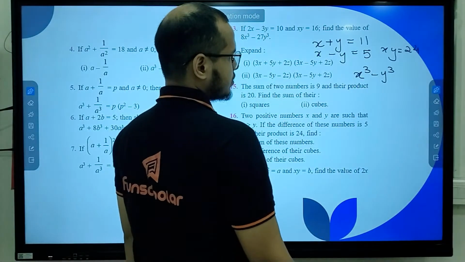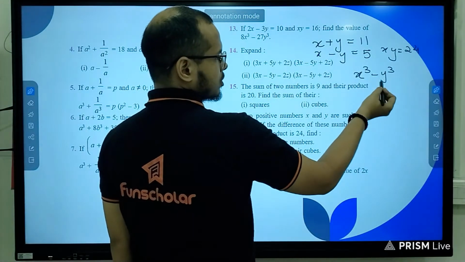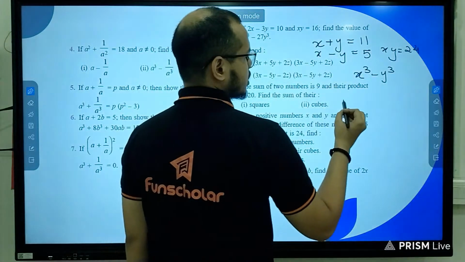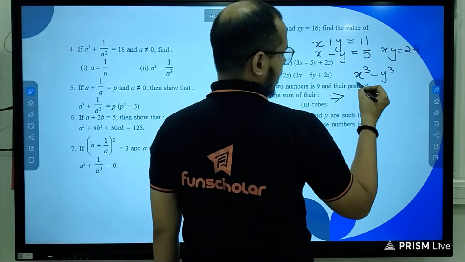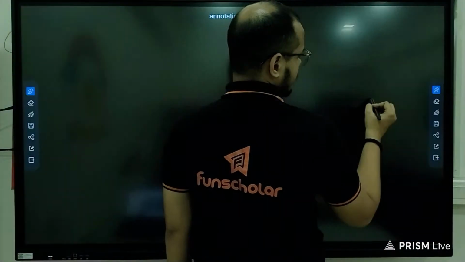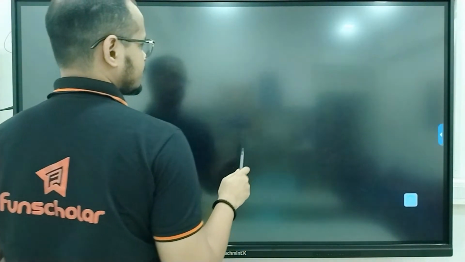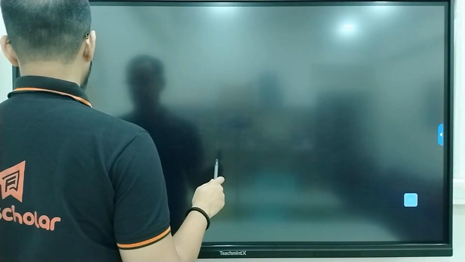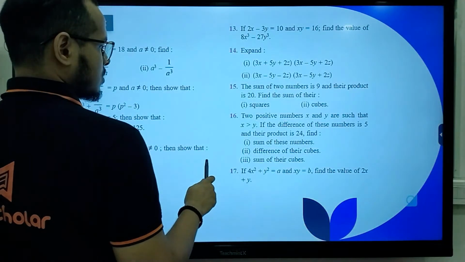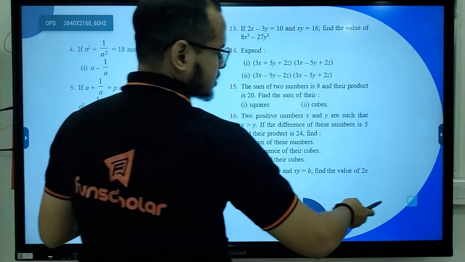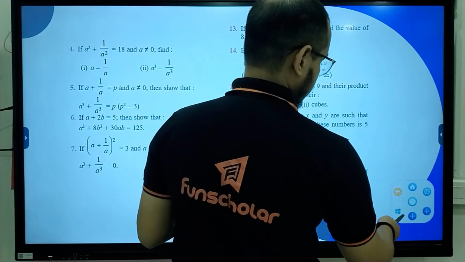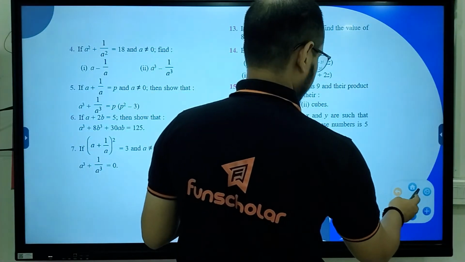This is what we have to find out, right? So this formula is direct. Okay, what should we do? Let's see. We know x - y, one second, guys, let me solve this sum on a blank page, because this problem might happen again.